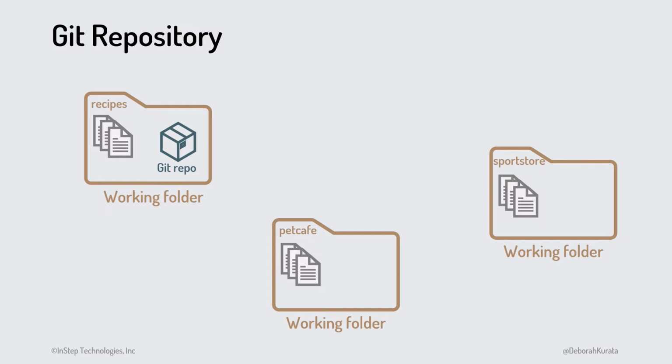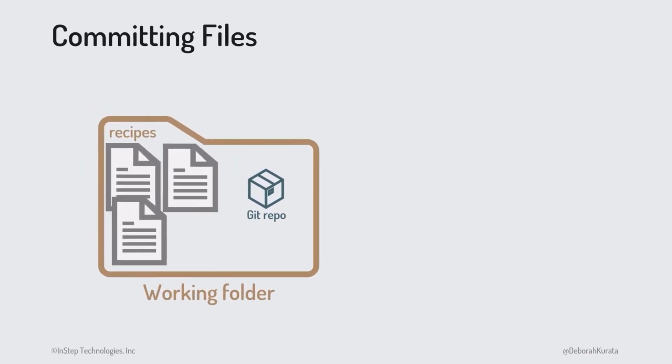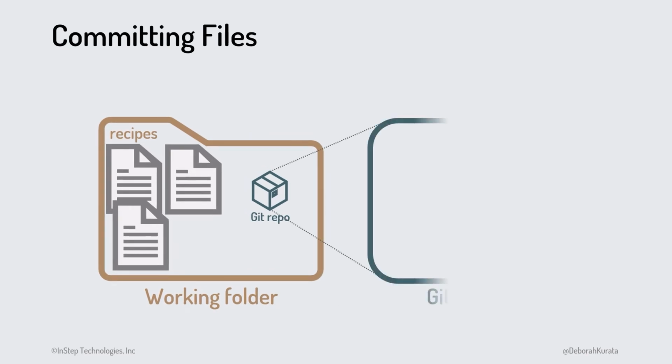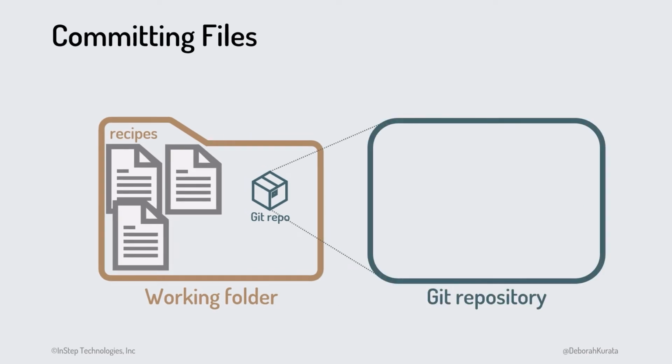Since we have 3 projects, we initialize 3 Git repositories, one in each working folder. Let's take a closer look at our recipes project. Here is a visual representation of the project's Git repository. We'll talk more about repositories in detail shortly, but for now let's simplify it a bit.